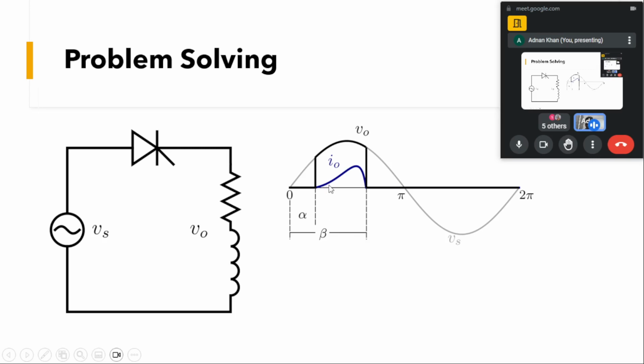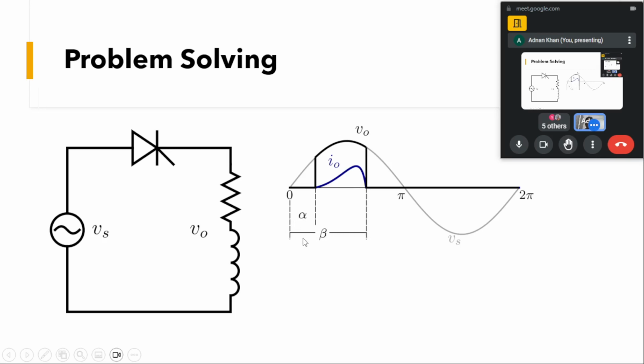From alpha the current starts rising, and at beta the current comes out to be 0. So the current extinguishes. We are given alpha as well as beta.